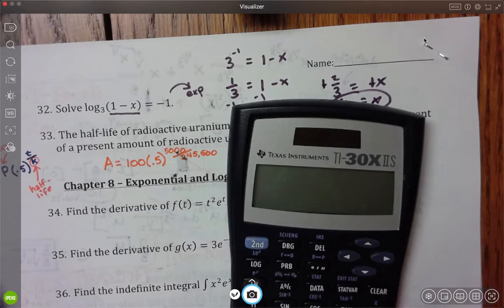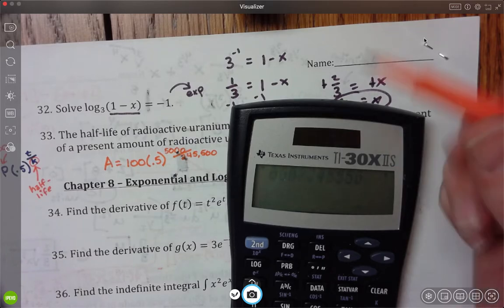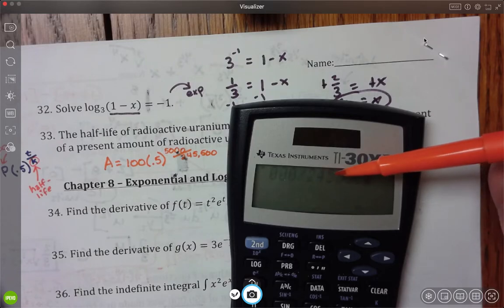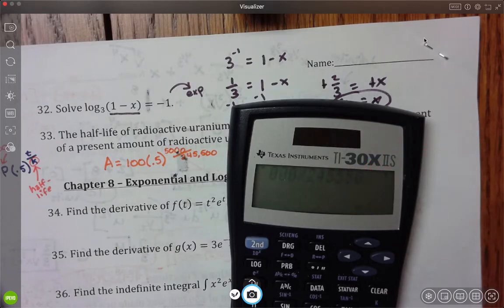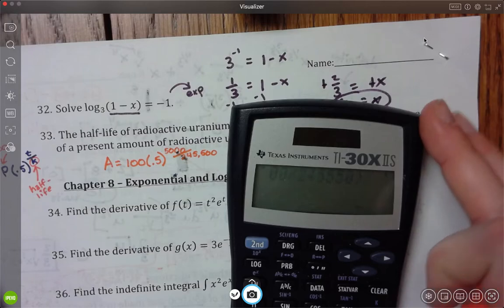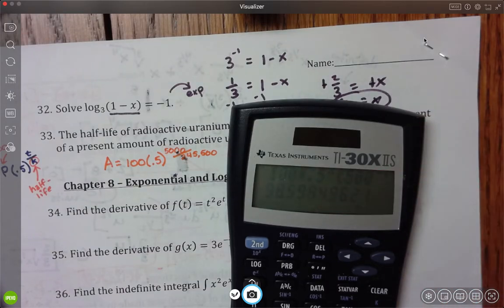I have 100 times 0.5 to the, I'm going to open up parentheses, 5,000 divided by 245. I'm guessing that there's still going to be quite a bit of it left, because if it takes 245,000 years to split in half, 5,000 years is probably not going to do a whole lot. Yep, 98.6 is what I got.